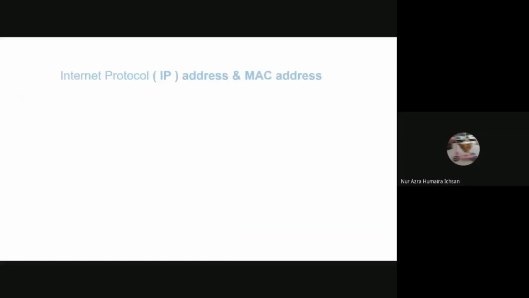And now that we know about the internet service provider and how we get to access the internet, we're going to move on to the internet protocol, or very commonly known as the IP address and MAC address. So there are often misconceptions and confusions between the two.